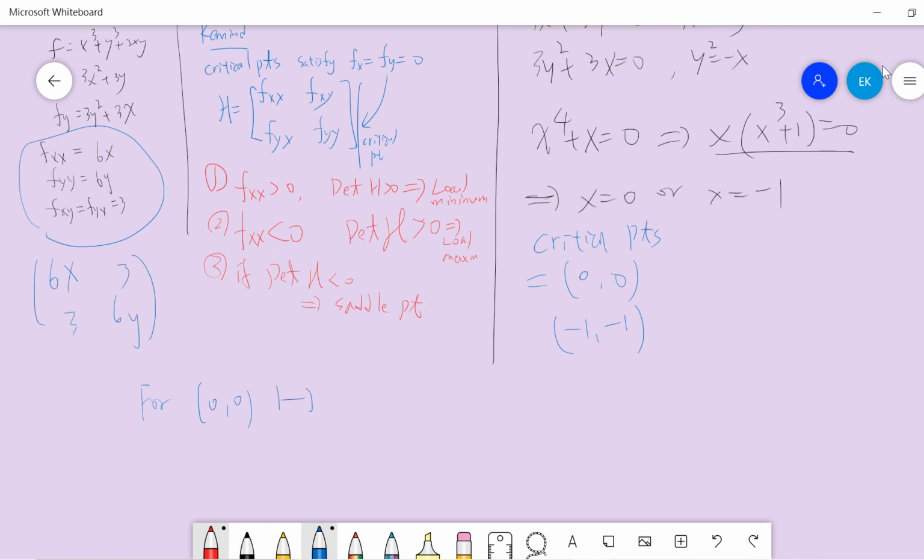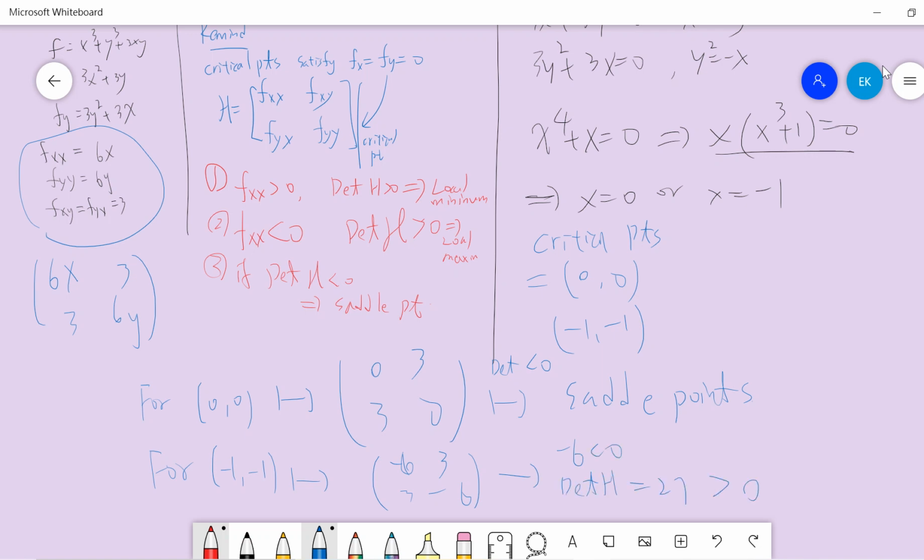So for 0, we have 0, 0, 3, 3. And then the determinant is less than 0, so this is a saddle point. And for minus 1, the matrix is minus 6, 3, 3, minus 6. So minus 6 is less than 0, and the determinant is 27, so it's larger than 0, so it's a local maximum.